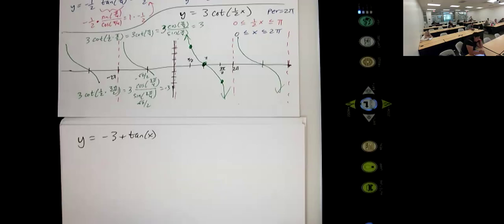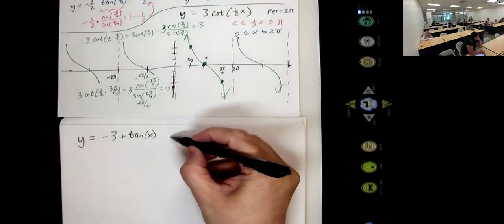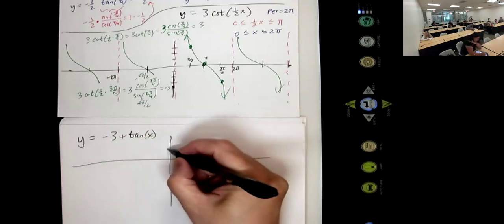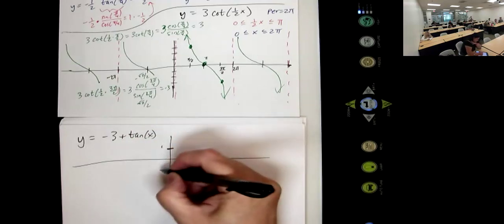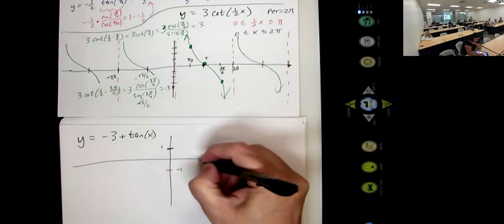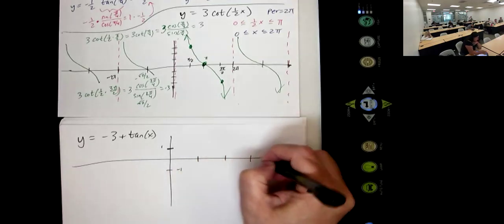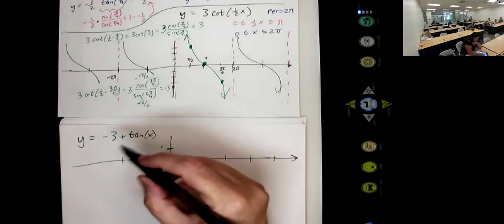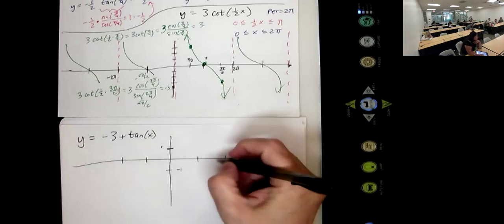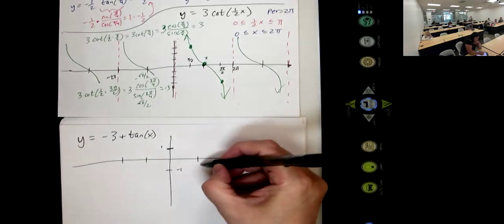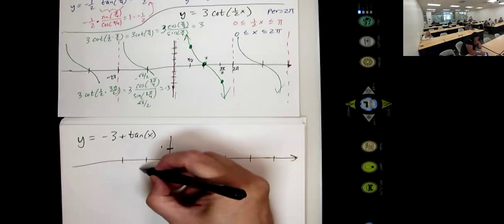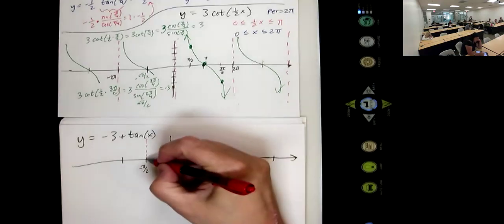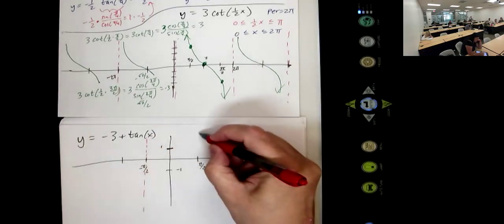If you want to draw the base graph, pencil it in lightly. That's what I'm going to do. Asymptotes are not changing.